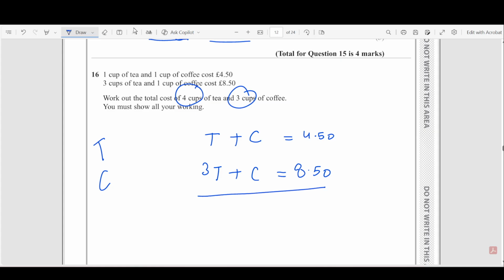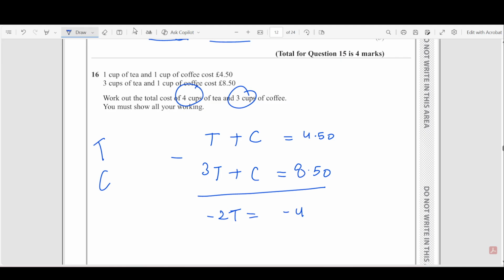To find it, what we can do is subtract them, like T minus 3T is minus 2T, right? Then C minus C is 0. And here 4.50 minus 8.50, if we subtract here, what do we get? We get 4, right?